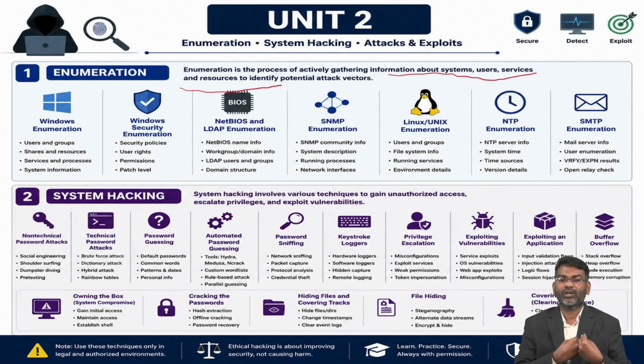And apart from that, we are also getting the required information not only from Windows but also from the Linux environment. More or less, we will be using the same procedure in the case of Mac or any sort of operating system we are using. Next to enumeration, which is collecting information to check the vulnerabilities from multiple sources, we are also discussing system hacking.